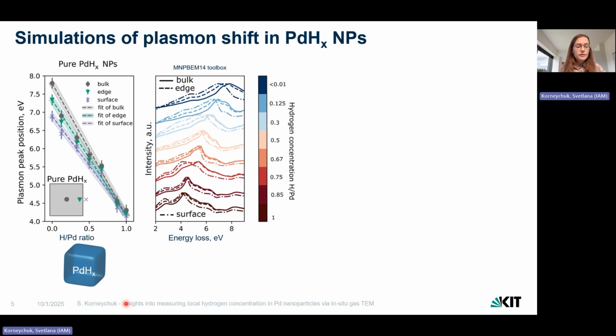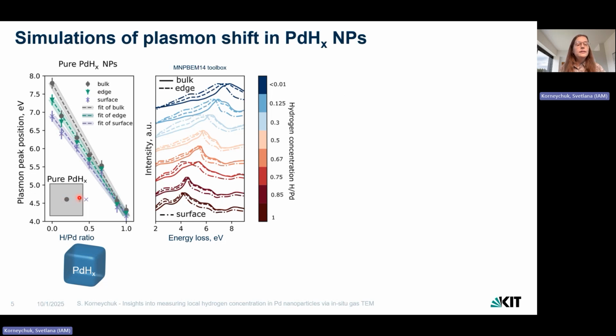So we created this cubic palladium nanoparticle of 67 nanometers in diameter and measured how the EELS signal would look like in the core of the particle, at the edge, or aloof. And we see that in this homogeneous particle with homogeneous hydrogen concentration, the tendency is similar to the bulk metallic particle.